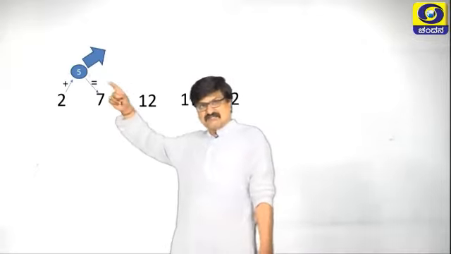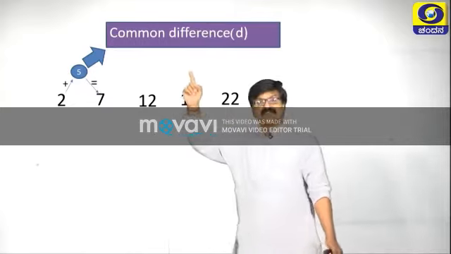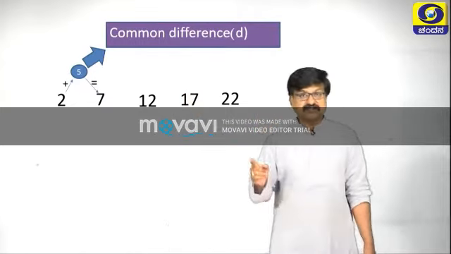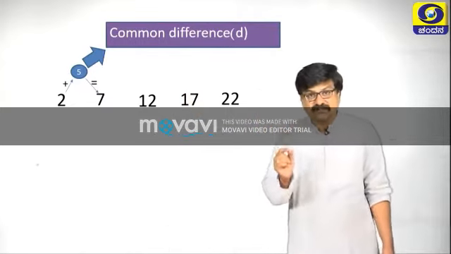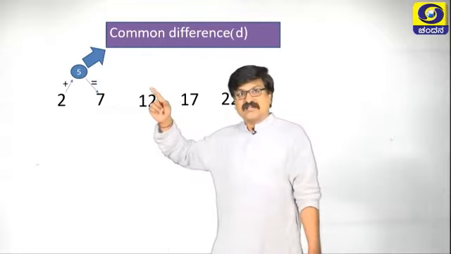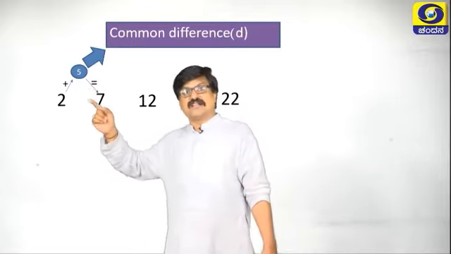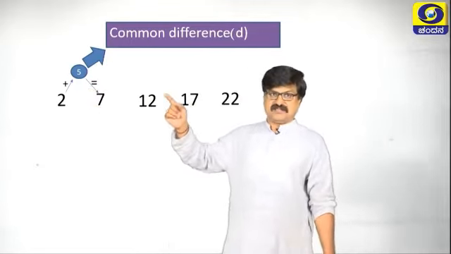This fixed number 5 is called the common difference D. This is very important. Common difference is a fixed number which we are going to add to the given list of numbers.